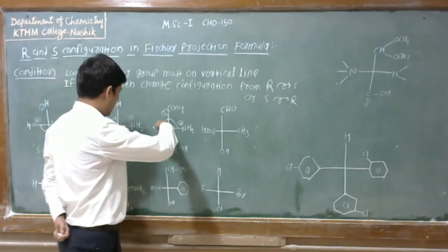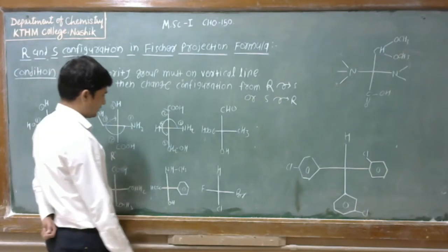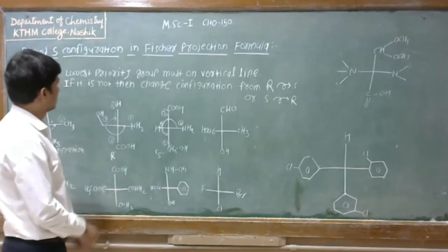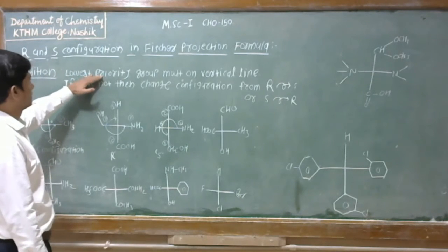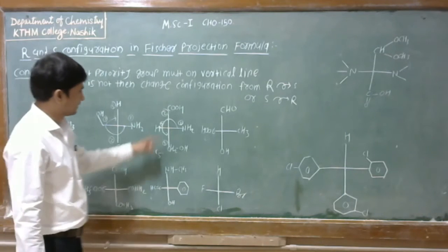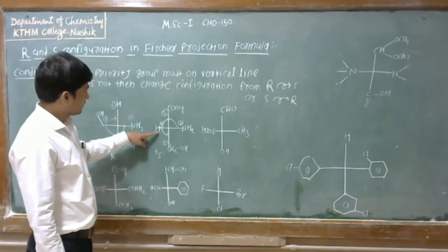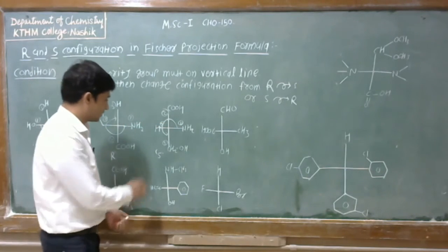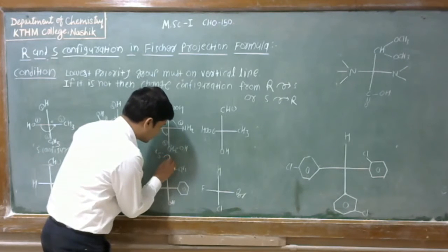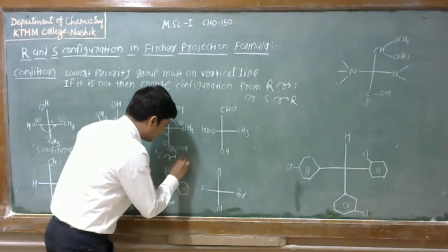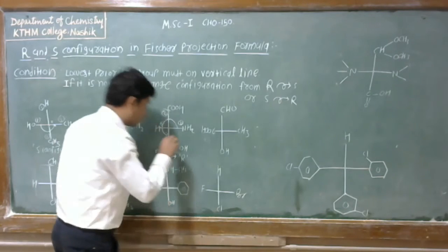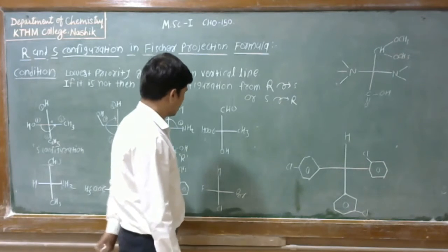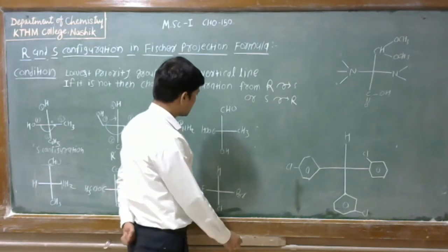So this is the anti-clockwise rotation, and hence the configuration is S. But as given in our condition, the lowest group must be on the vertical line. So here the condition is not followed, the lowest group is on the horizontal line. Therefore, this S configuration changes to R configuration, and the actual true configuration of this compound is the R configuration.